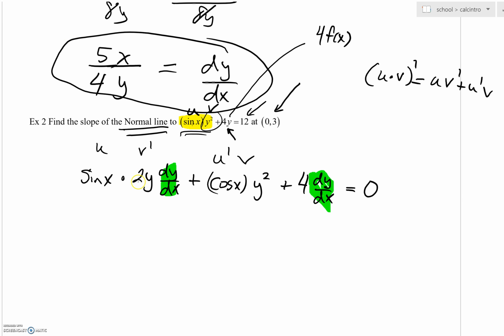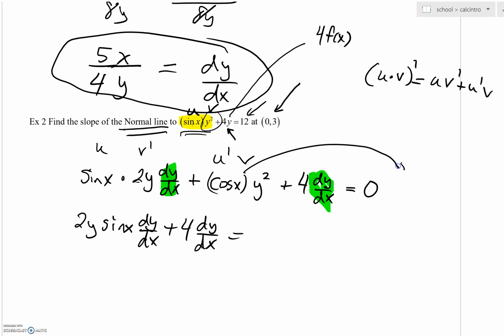So look, I'm going to put my 2y out in front here. Here's my 2y sine of x, dy dx. And I'm going to bring this 4 dy dx closer. And at the same time, I'm going to move this y squared cosine of x to the right side, because ultimately, I'm trying to solve for dy dx.